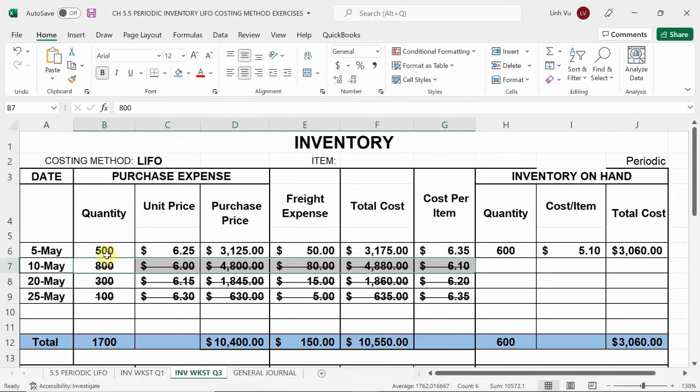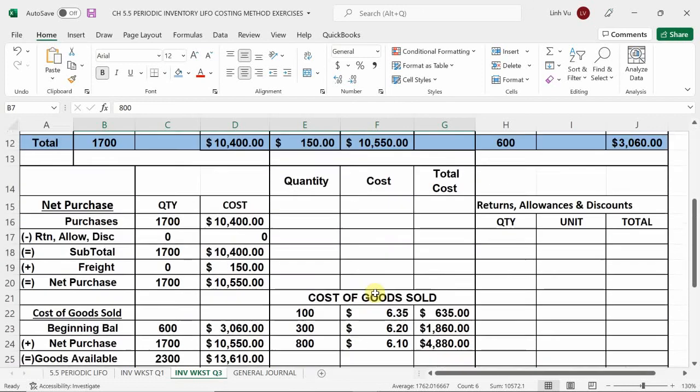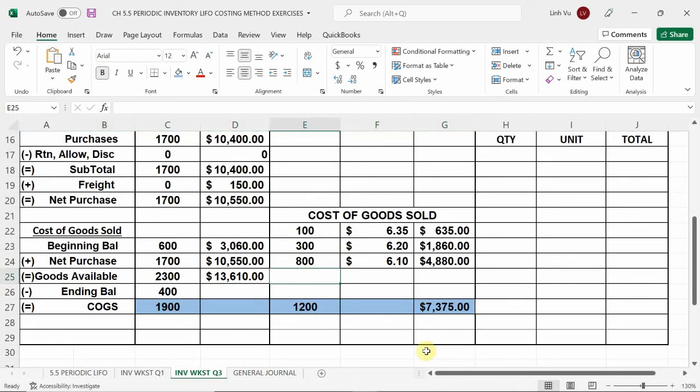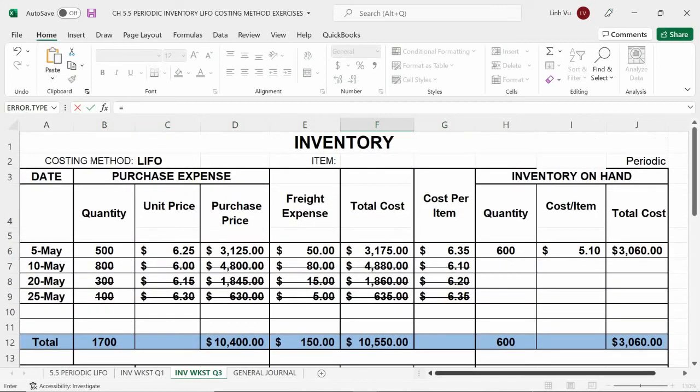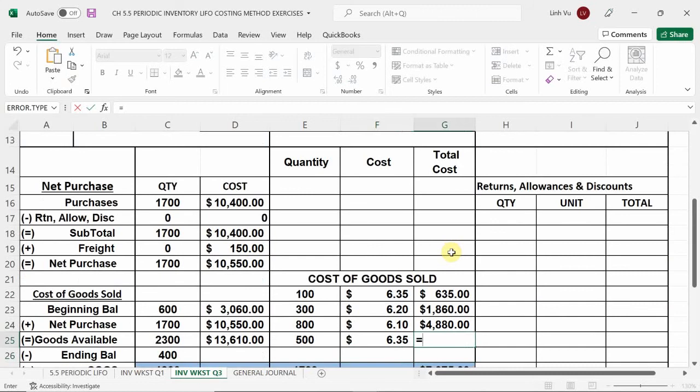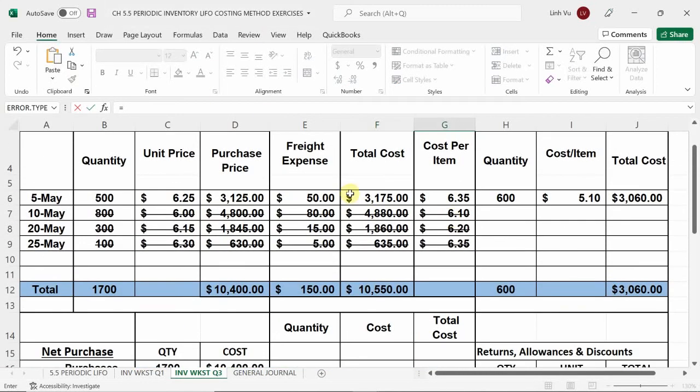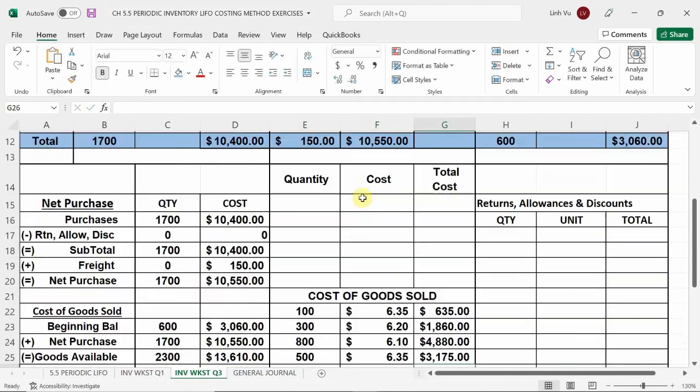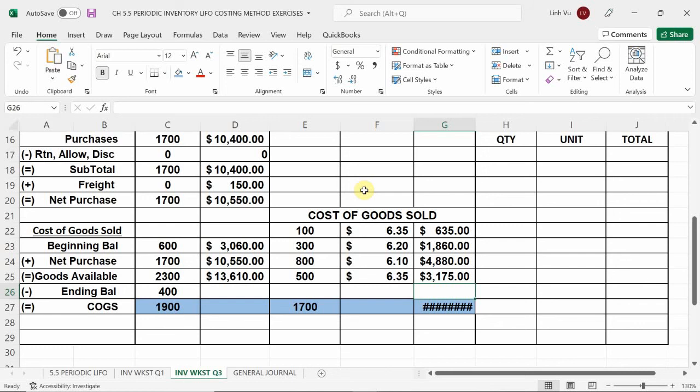So 500 units at $6.35. Okay, so 500 units at $6.35, which will give me a grand total of $3,175. So now I got rid of all of my net purchases.